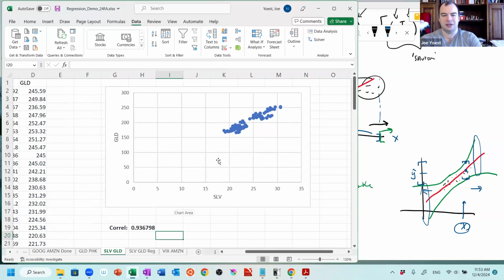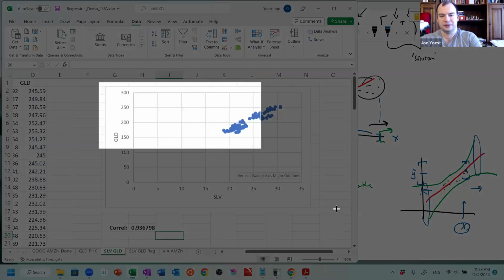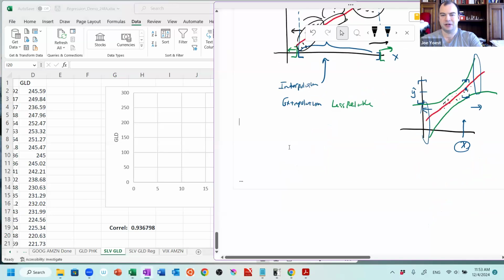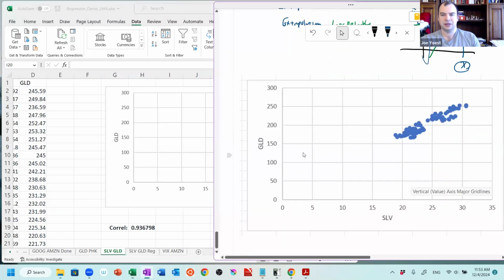I mean, we can imagine that if I take a screenshot and I come over here to OneNote, I can imagine my model is probably going to look something like this. And it's going to be pretty close to most of the data points, or basically all of the data points.